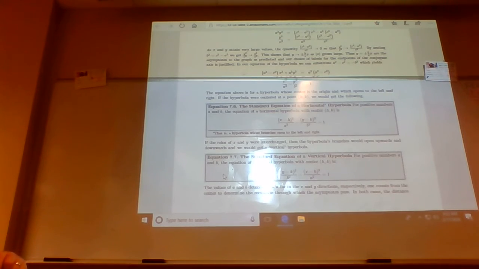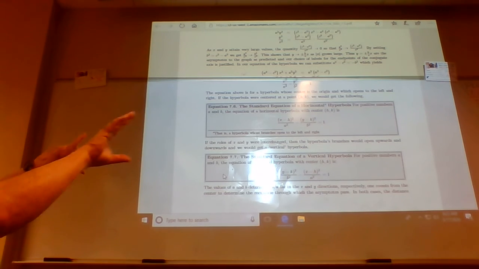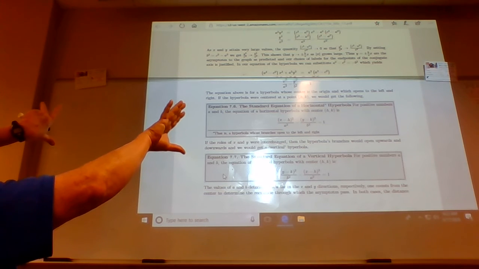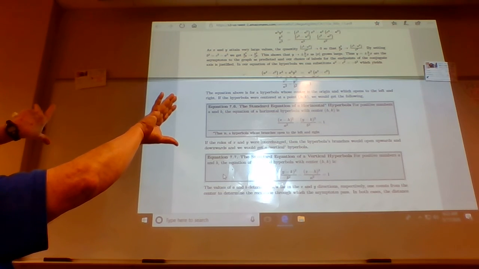Okay, now with this, there's two formulas this time. The standard equation of a horizontal hyperbola is x minus h squared over a squared minus y minus k squared over b squared equals 1. Okay, so this one is horizontal. It's opening to these two bowls open up right and left.